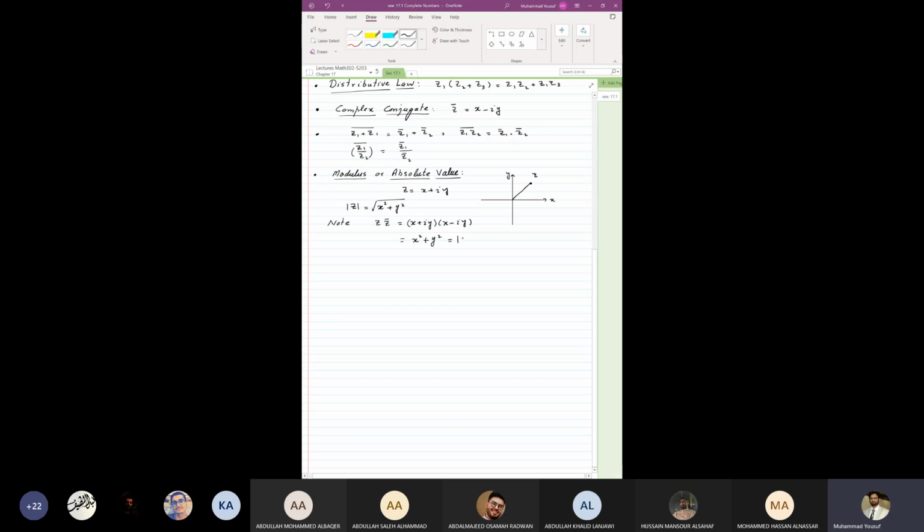And this is equal to z absolute square. So z absolute square is z times its complex conjugate.